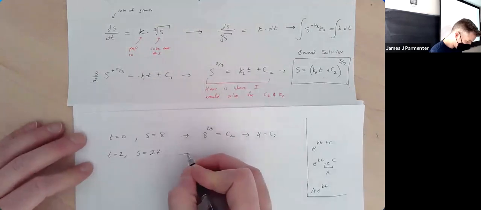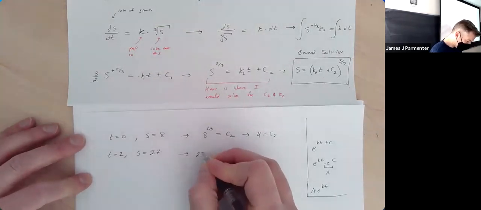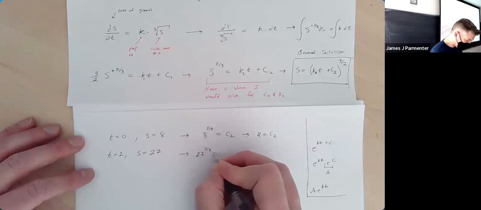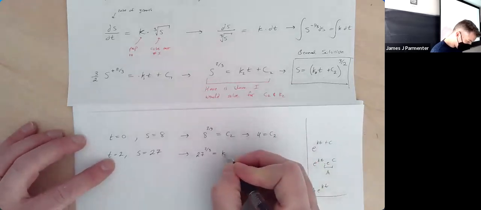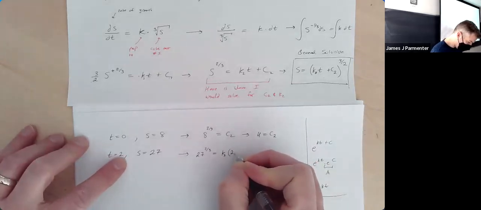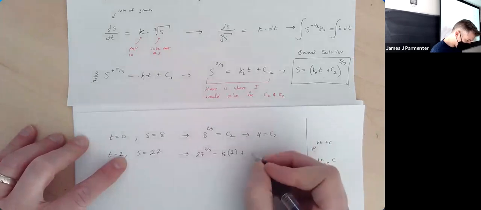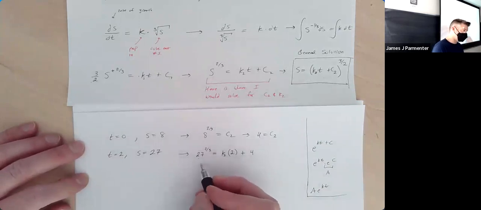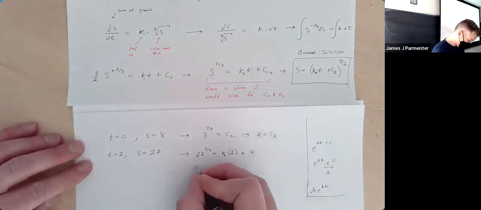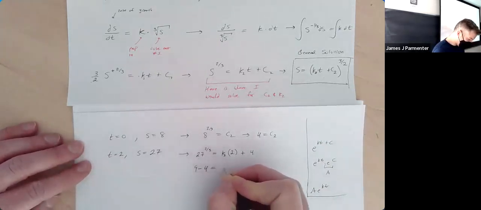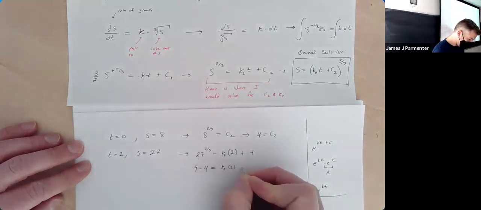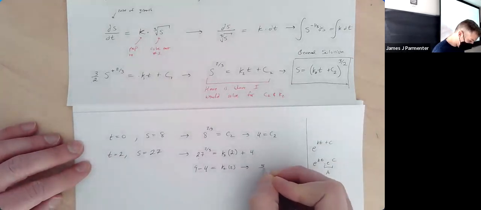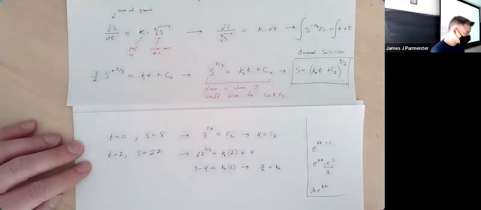And then plugging in the other stuff, I'm going to get 27 to the 2/3 equals K2 times T, which is 2, plus C2, which we just figured out was 4. 27 to the 2/3 is 3 squared, which is 9. So 9 minus 4 equals K2 times 2. So 5/2 is equal to K2.